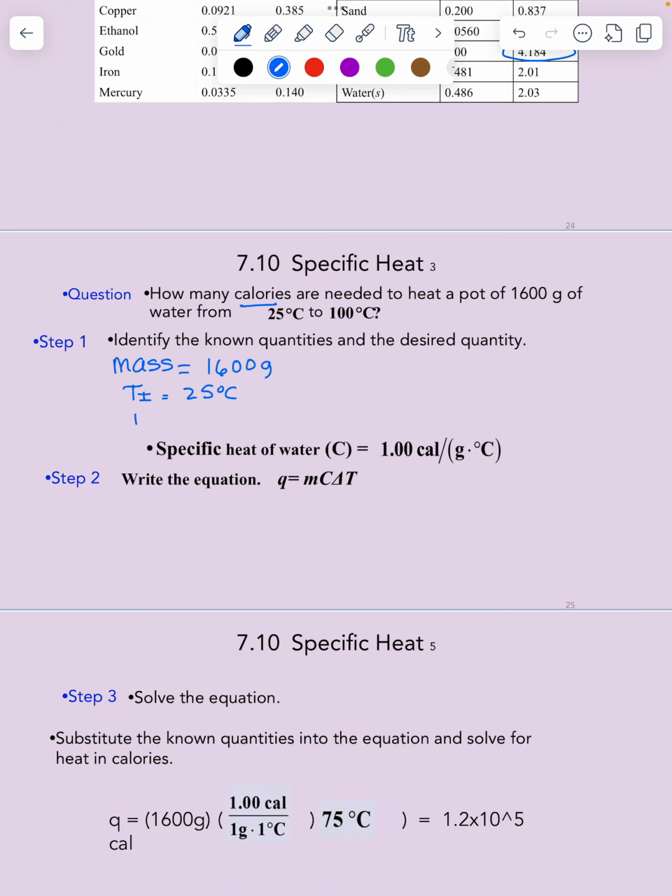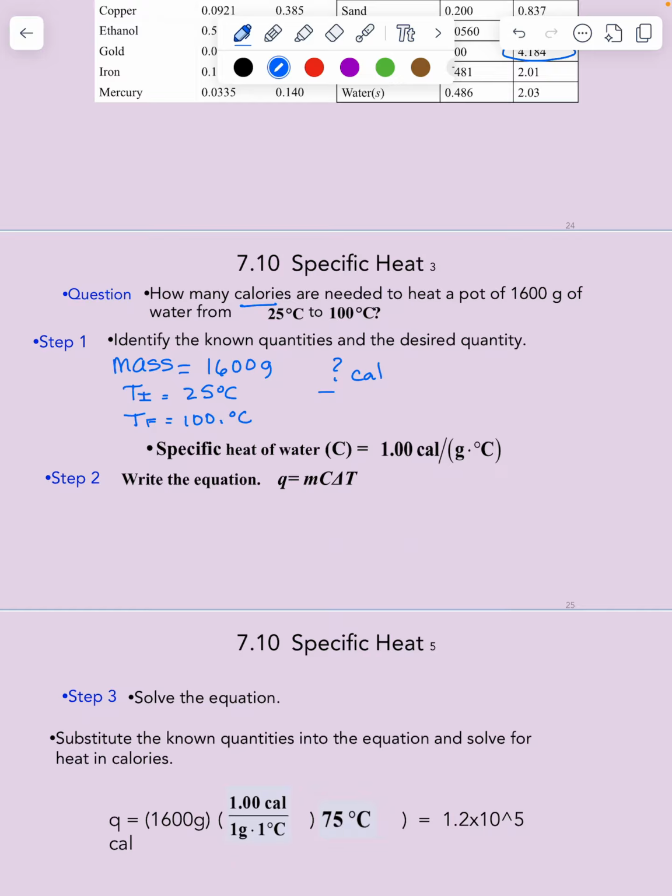We're not going through a phase change, we're simply heating the water up from 25 degrees to 100 degrees. It does give us some information about the specific heat of water in terms of calories. So it's 1 calorie per gram degree Celsius. The equation that we're going to use is Q equals mc delta T. Let's go through the variables here.